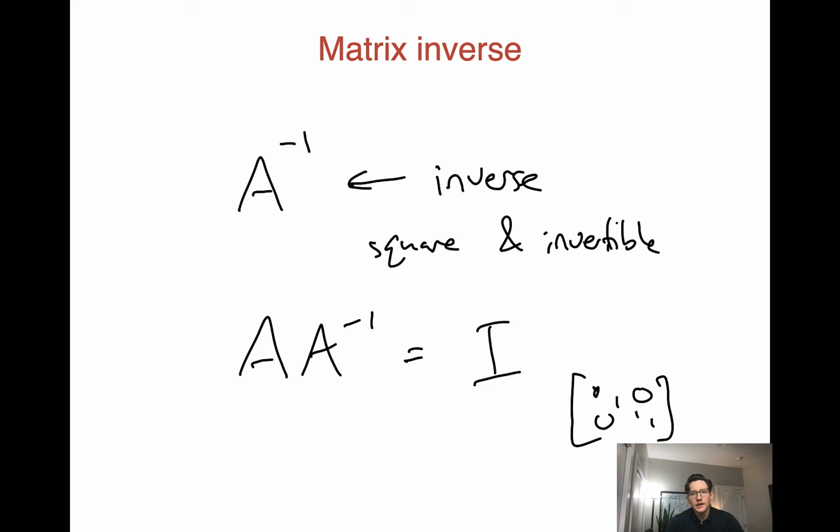In the next slide, we're going to give one way to show that it exists, one property where if it holds, then A will definitely be invertible. There are some more ways to prove that a matrix is invertible that we're not going to cover in this course.